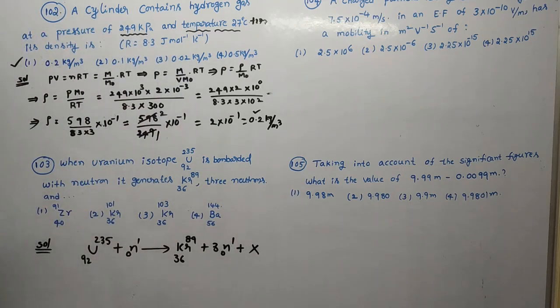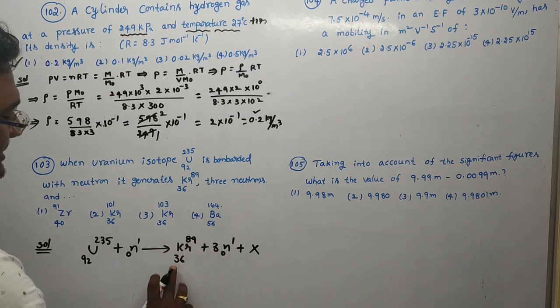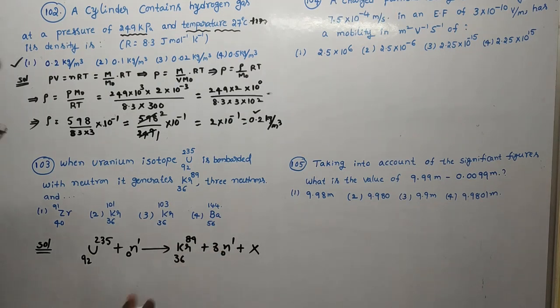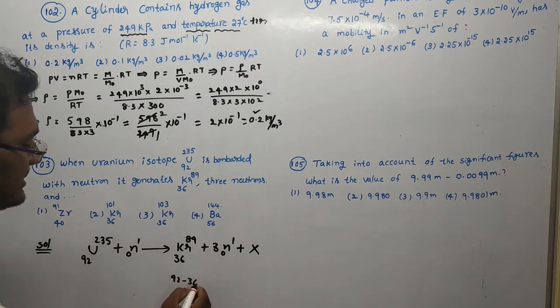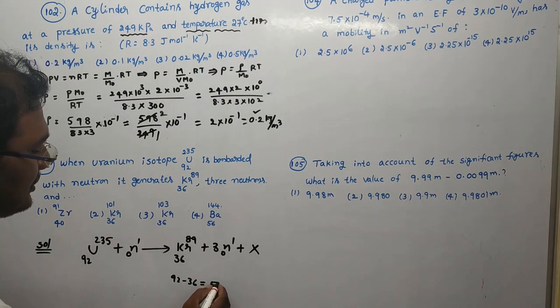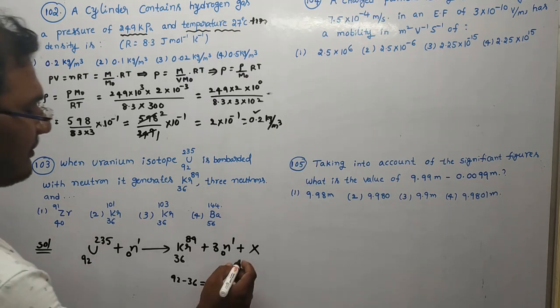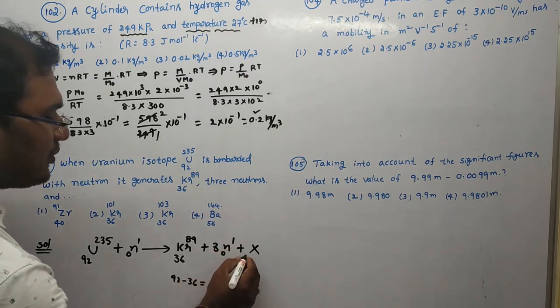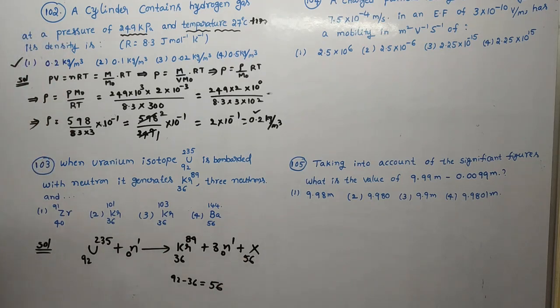According to the conservation of atomic number or number of protons, the number of protons in the reactant side is 92, in the product side is 36. The remaining number 92 minus 36 equals 56 will be the atomic number of the remaining product. According to the conservation of mass number, in reactant side the mass number is 235 plus 1, that equals 236.